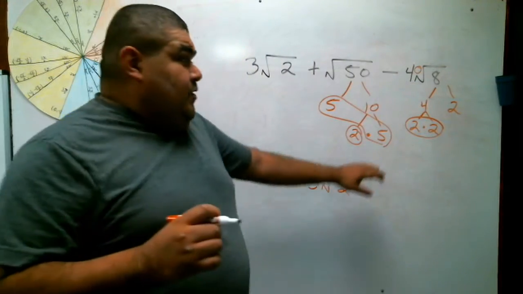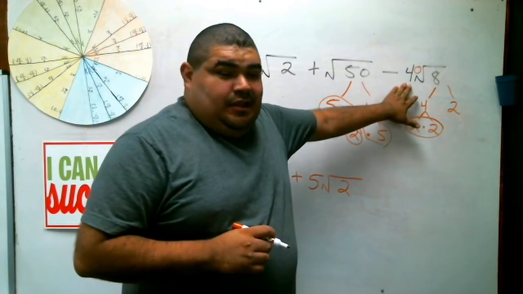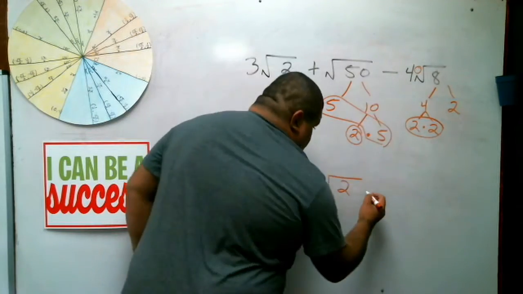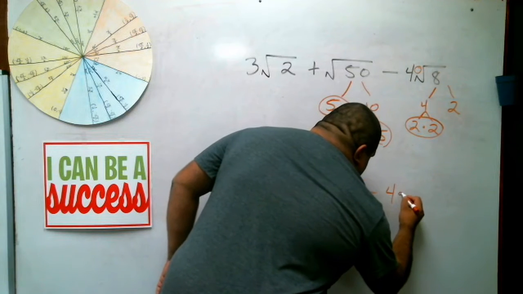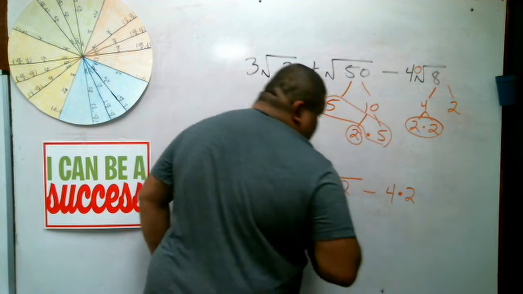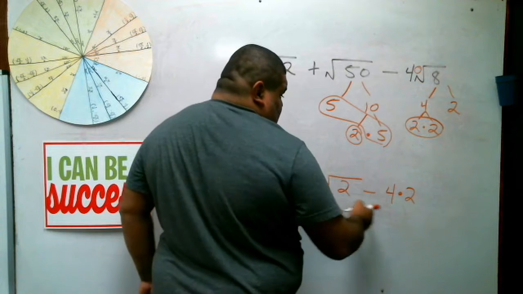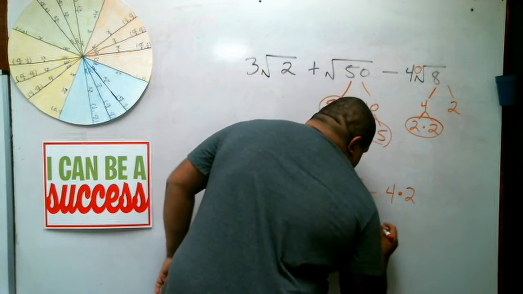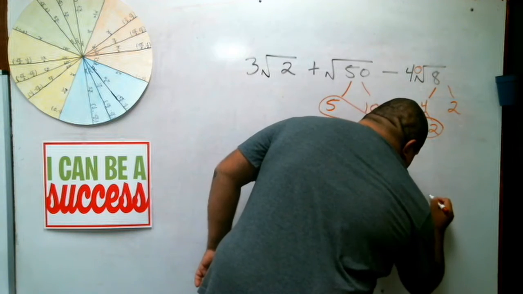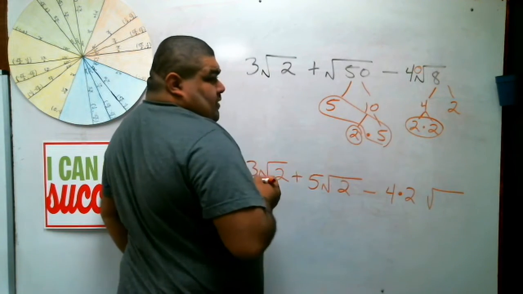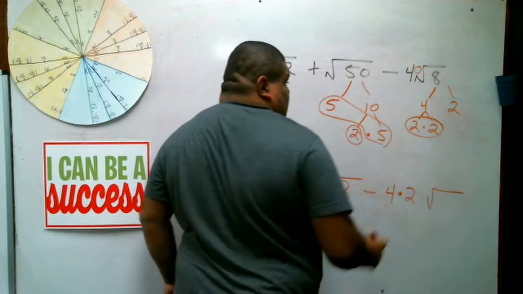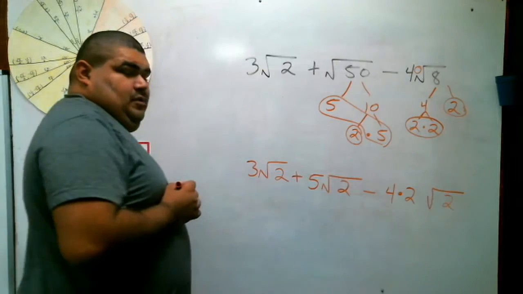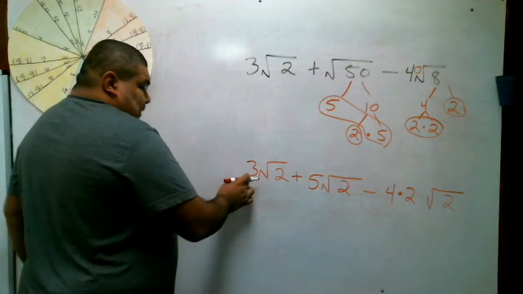When you have a number on the outside already, and you're going to bring out this 2, you're going to multiply both numbers. So you have minus 4 times 2, which is 8, and then we have a radical of whatever's left over, which is a 2.